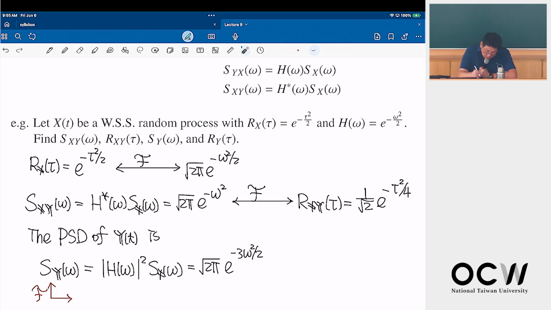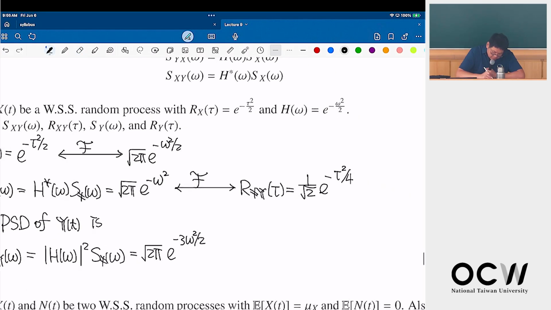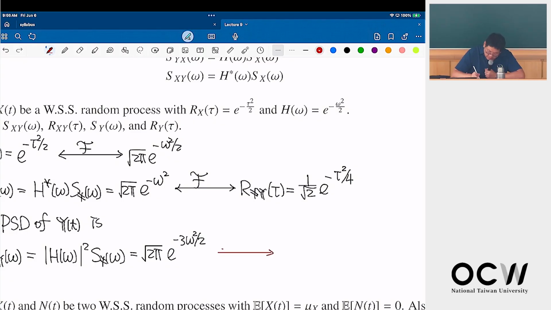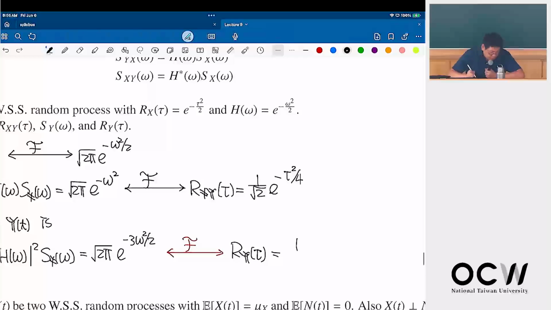And we have a Fourier transform pair, so we can get the autocorrelation of Y. It'll be 1 over square root of 3 times exponential to the minus tau square over 6.